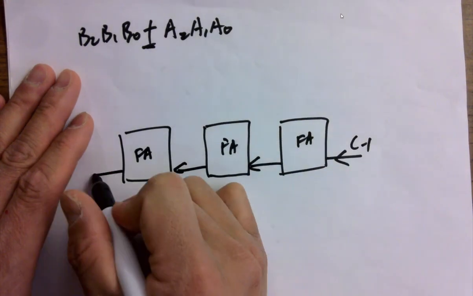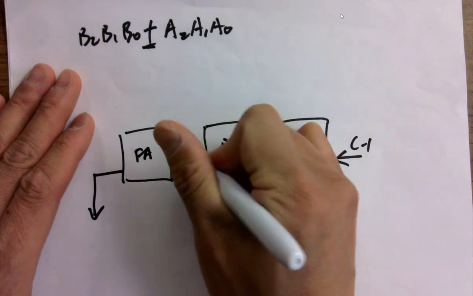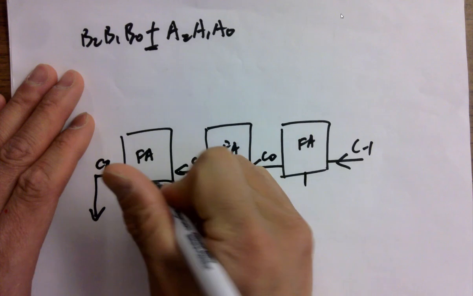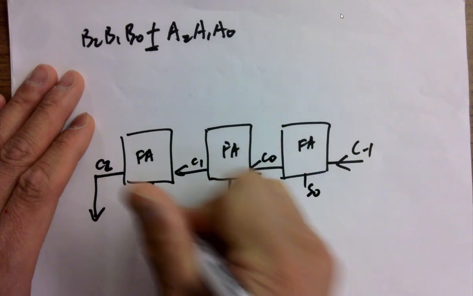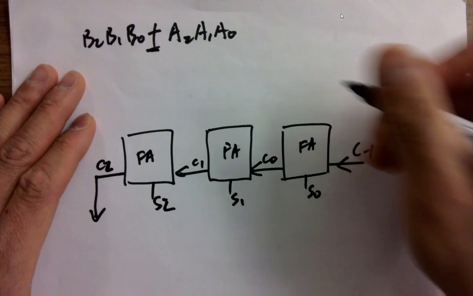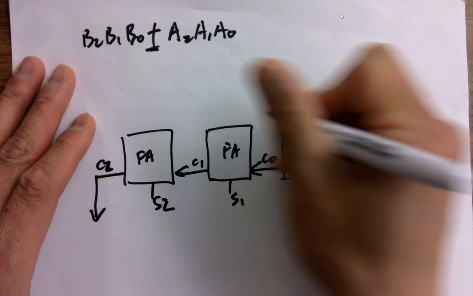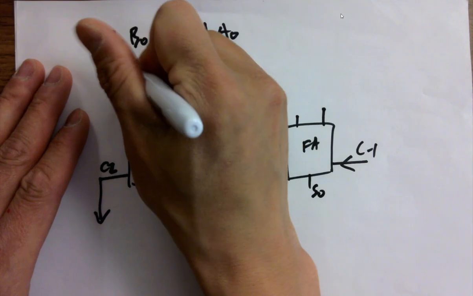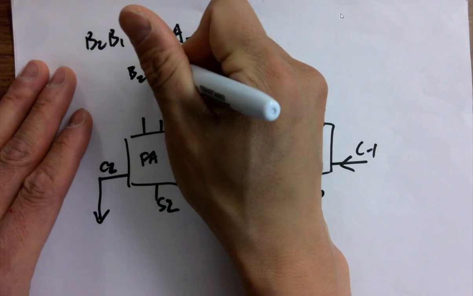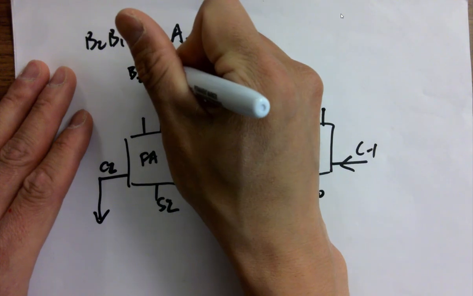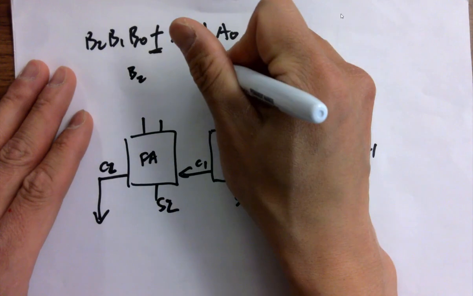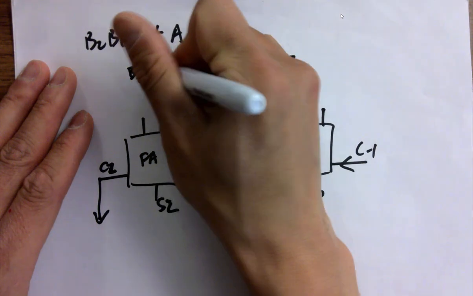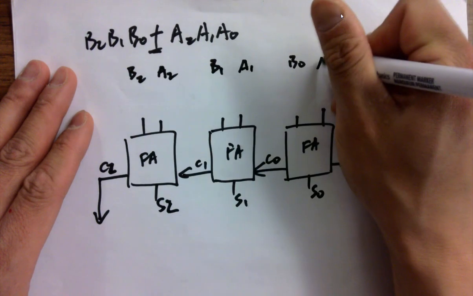C1, C2. S0, S1, S2. And these are the inputs, right? B2, B2 is being added, so B2, B1, B0, A2, A1, A0, right?